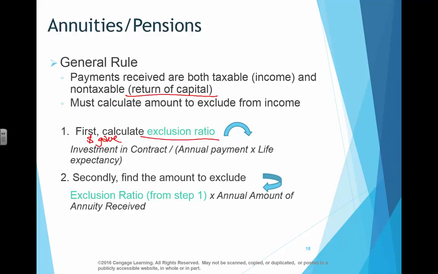Divided by how much am I pulling out a year times my life expectancy. And again, the IRS tells me how long I'm going to live. Once you have the exclusion ratio, you multiply that by the amount that you pulled out, and that's the amount you exclude.